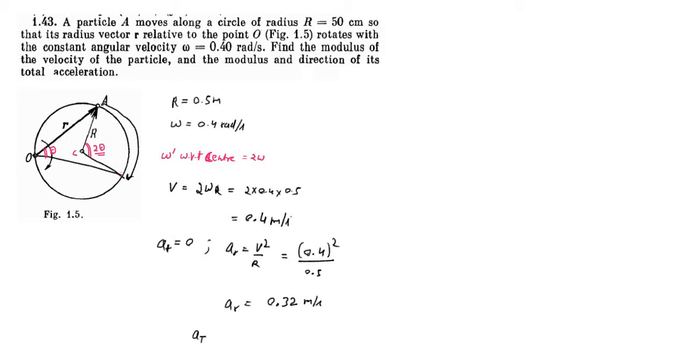So total acceleration is also equal to radial acceleration, which is equal to 0.32 meter per second square, and towards center. This is the answer.